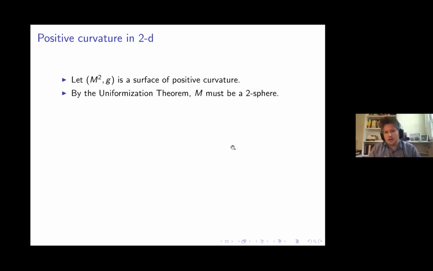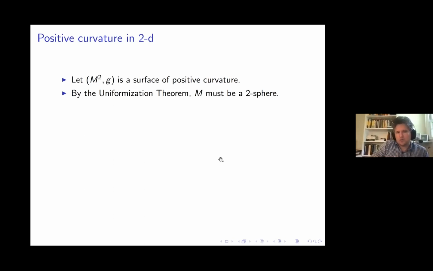And by the uniformization theorem or Gauss-Bonnet, from that local condition you can actually infer some global topological information: that it has to be a sphere. So no tori, no genus at all, just from that local curvature condition that is a pointwise positivity condition.